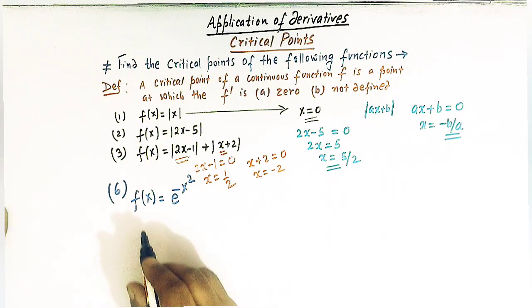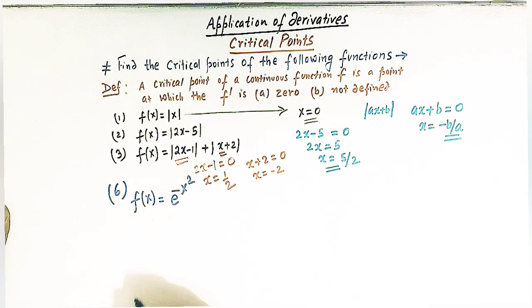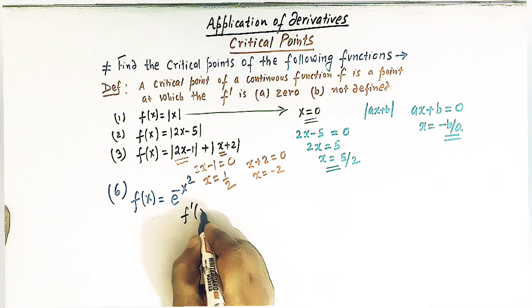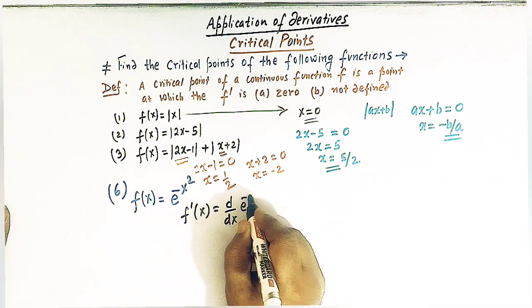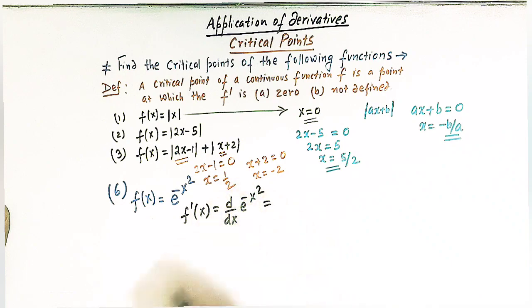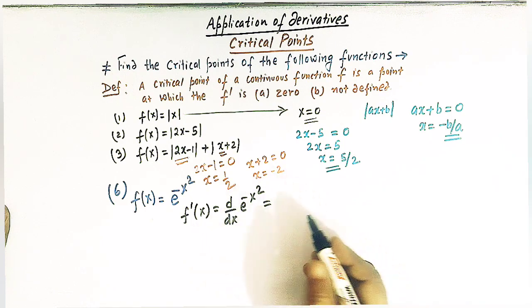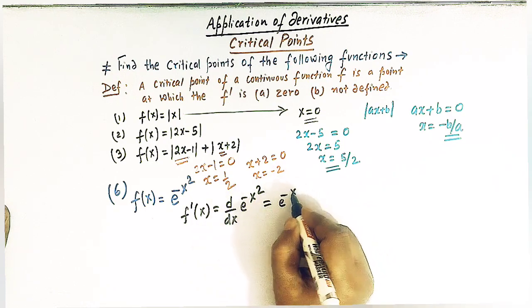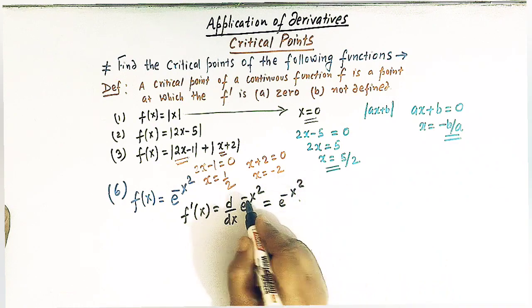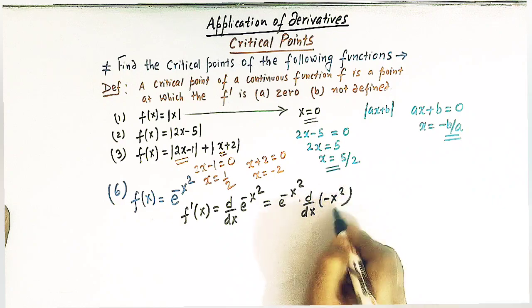Now let us consider this function f of x is equal to e raised to minus x square. So let us differentiate it. So f prime of x is d by dx of e raised to minus x square. So the derivative of e raised to minus x square with respect to x is e raised to minus x square, and then by chain rule the derivative of minus x square.